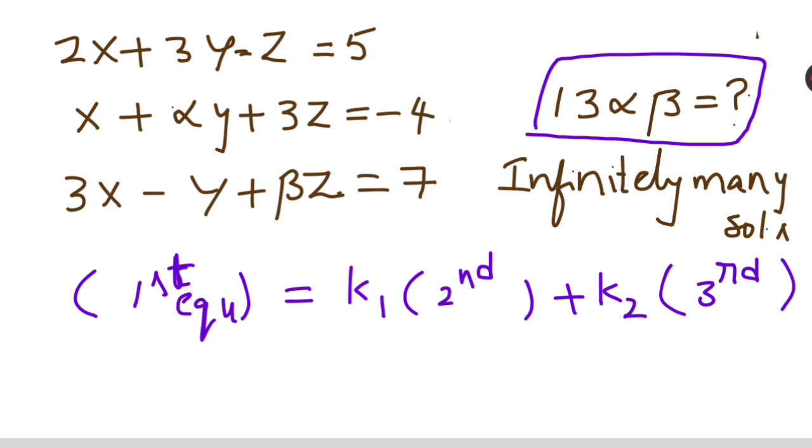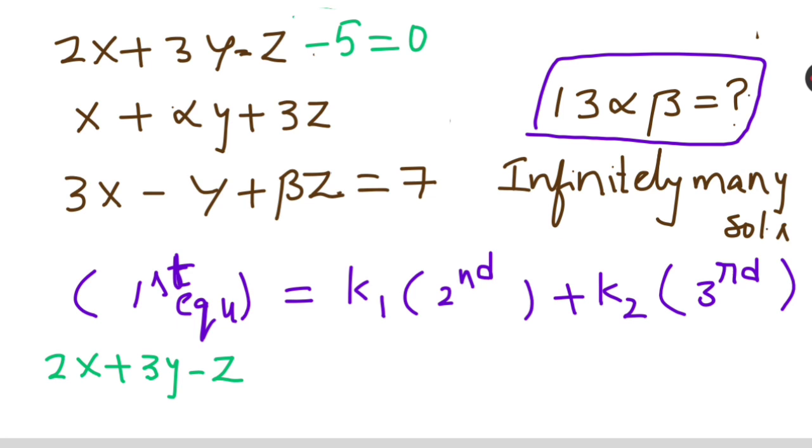Let's do it. So what is the first equation? The first equation is 2x plus 3y minus z. If we take the constant to the left hand side, it's going to be minus 5 equal to 0. And for the other two also, if you take the constant to the left hand side, it becomes plus 4 equal to 0, and here minus 7 equal to 0.